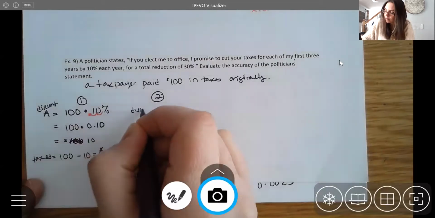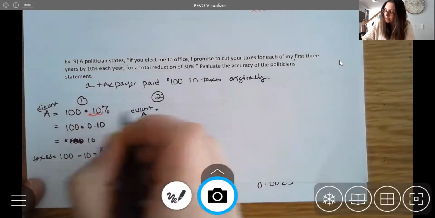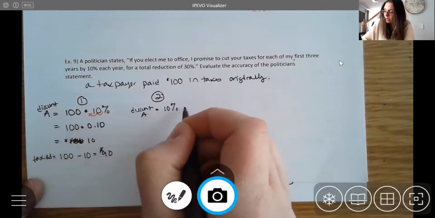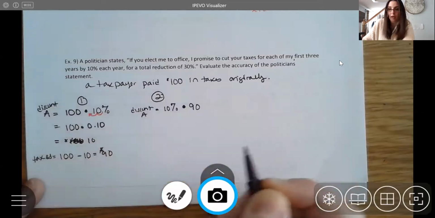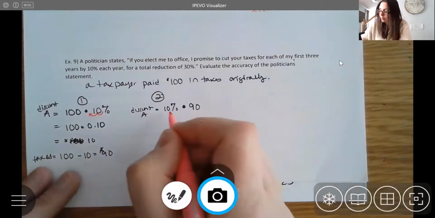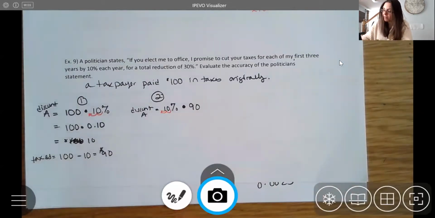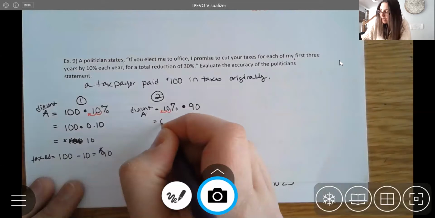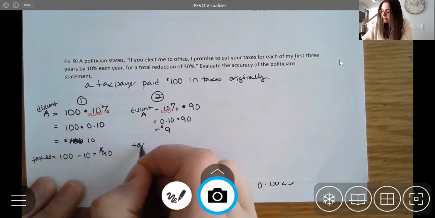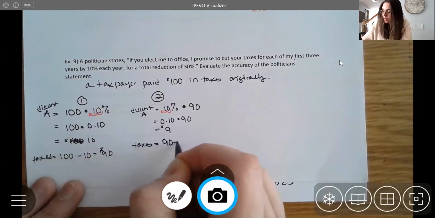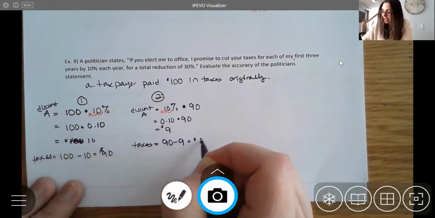So our discount amount for that 10% is not based on $100 anymore, it's based on the $90. So what I have here is I'm multiplying that 0.10 times 90, and when you do that, you get $9 instead. So the taxes that they would pay this year would be $90 minus 9, which is $81.